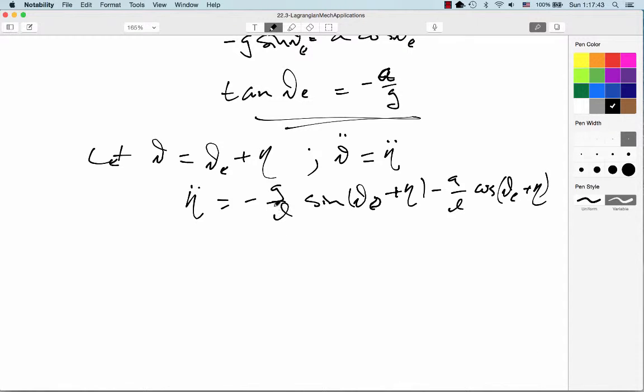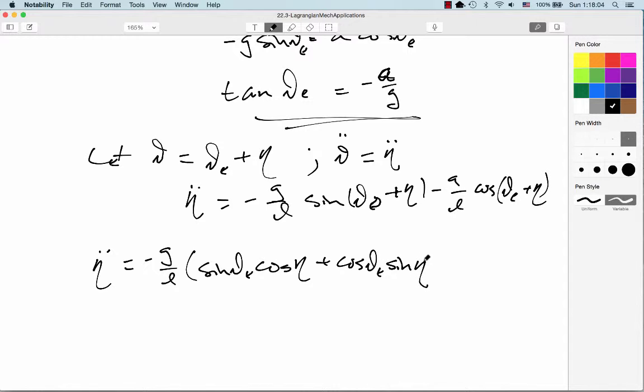All right. So if we use our angle addition formulas, we'll get eta double dot equals minus g over L times sine theta equilibrium cos eta plus cos theta equilibrium sine eta, minus a over L times cos theta equilibrium cos eta minus sine theta equilibrium sine eta.